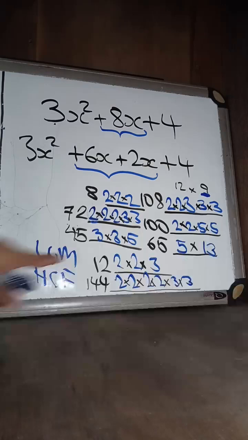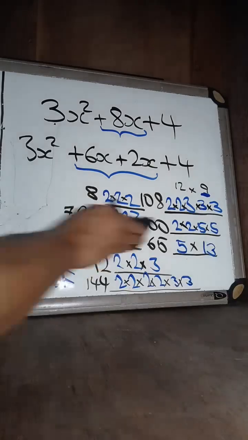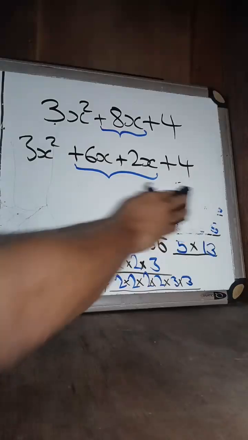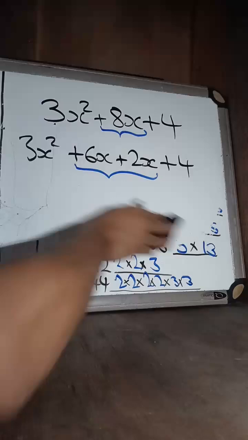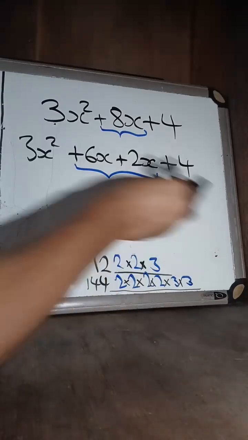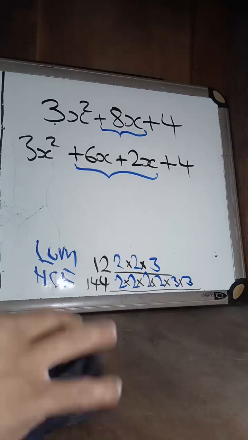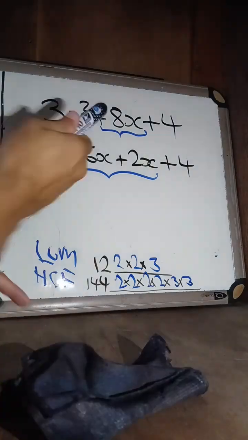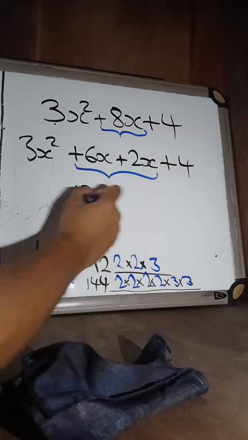So for example, the LCM of 12 and 144. Let me get rid of this. Okay, let me put it up here so it makes sense.